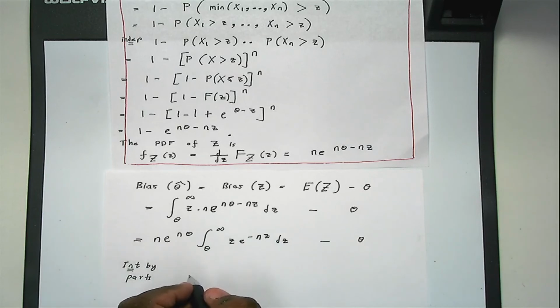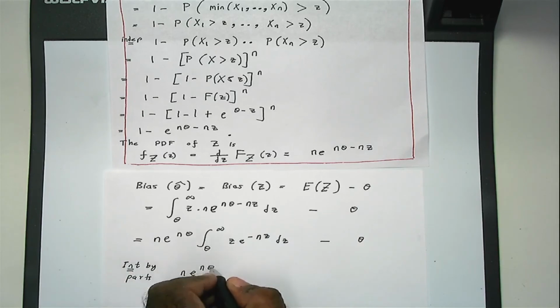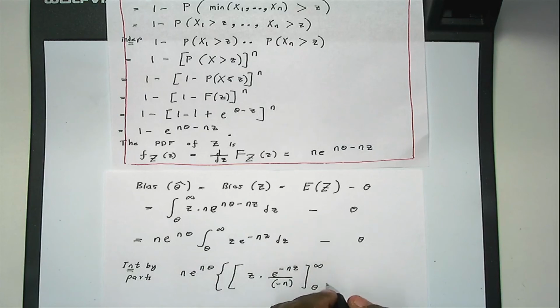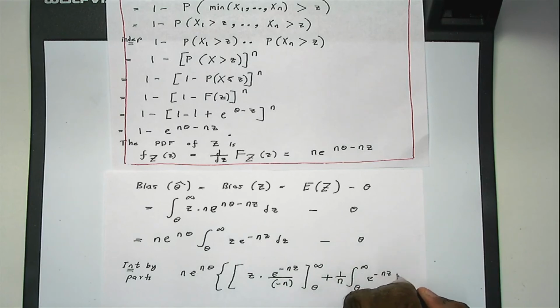So using integration by parts, this is what you will get, minus theta. This is what you get.